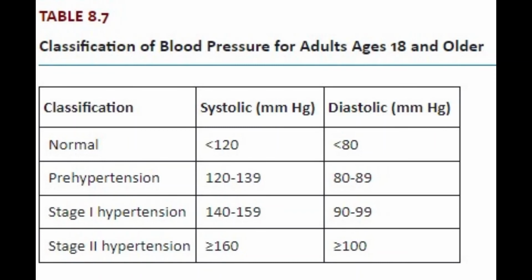All right, so this is a little table showing you your systolic and diastolic pressures. Normal is less than 120 systolic over 80 diastolic. Pre-hypertension is in that 120 to 139 range. Stage 1 hypertension, you have 140 to 159, and of course stage 2 hypertension, which is pretty severe, is over 160.